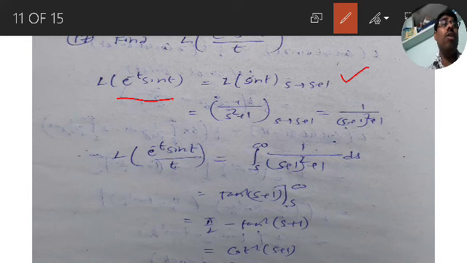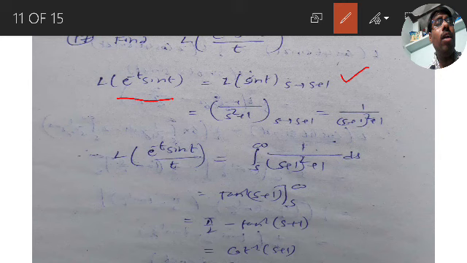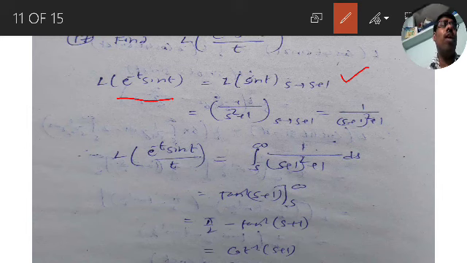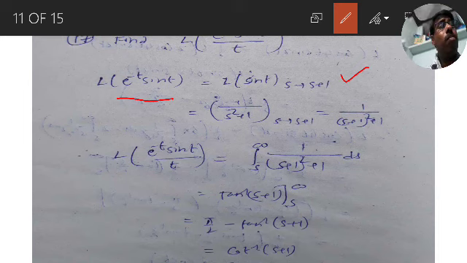Are you getting it? So what is L of sin at? L of sin at is a by s square plus a square. L of sin t is 1 by s square plus 1. Replace s by s plus 1, that is 1 by (s plus 1) whole square plus 1.